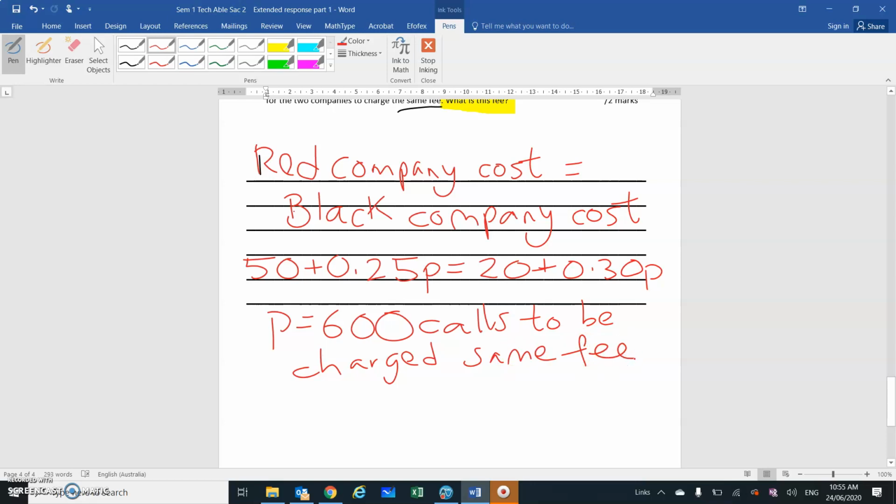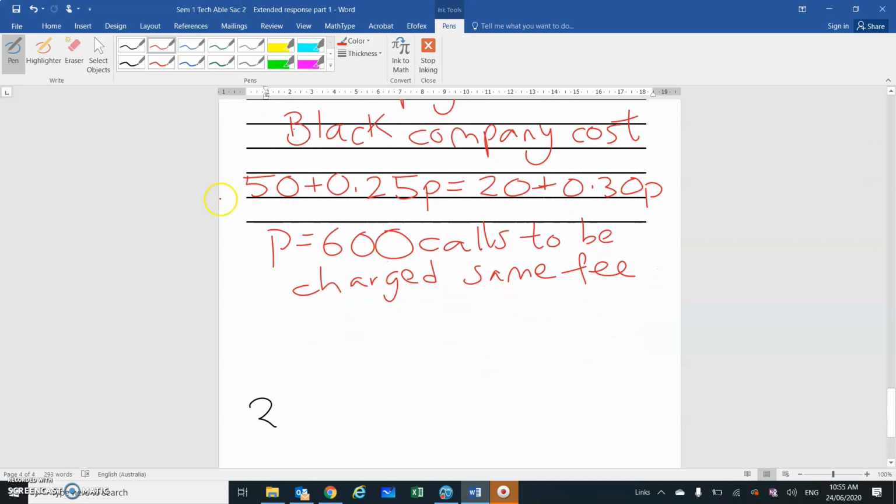And how do we find out what the fee is? Don't forget that second part. What is the fee? Well, it's when p equals 600, so you can sub it into either one of these equations. I'm just going to pick the first one, the red phone company.